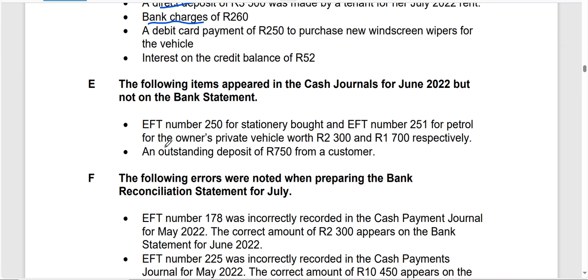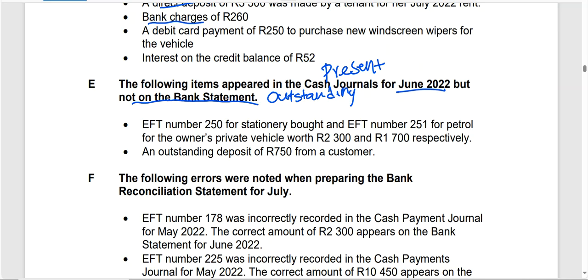The next item says that the following items appeared in the cash journals for June, which means they are in our present cash journals, and therefore if they are in our present cash journals and then they are not reflected on the bank statement, it means that these are our outstanding items. So if they are outstanding items, we know that they are supposed to be reflected on the bank reconciliation statement.